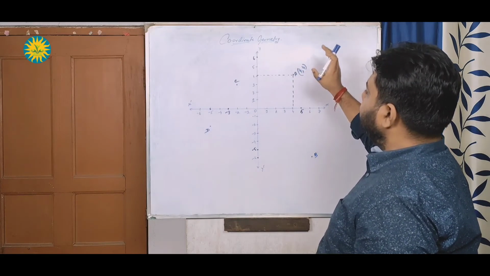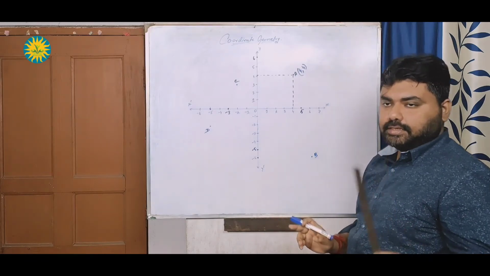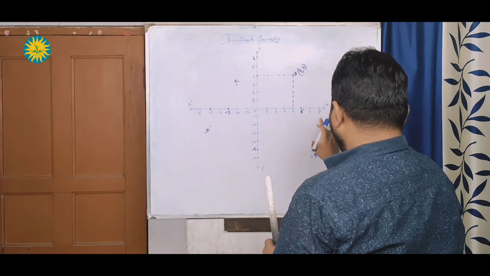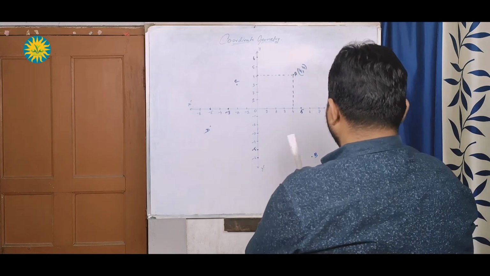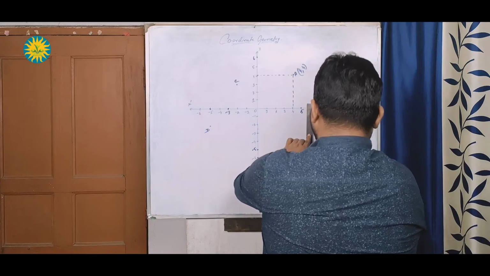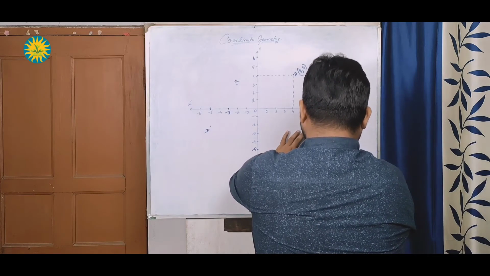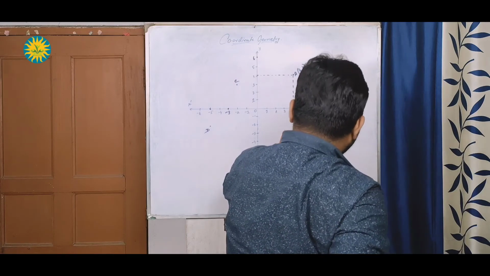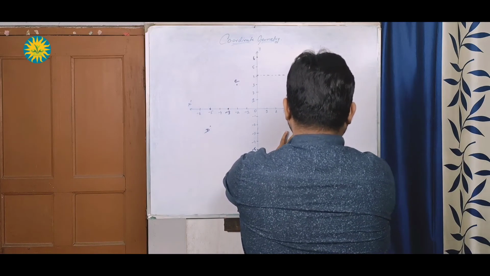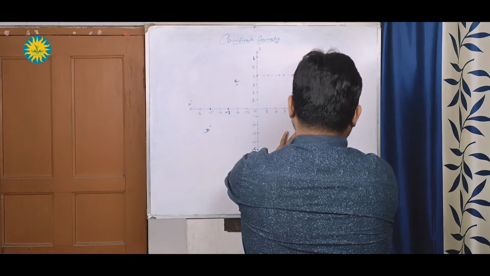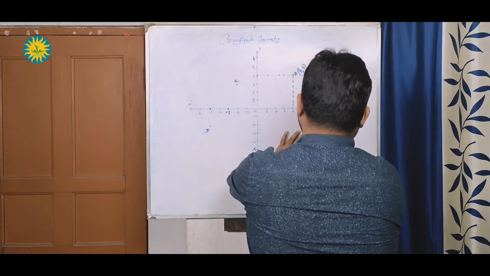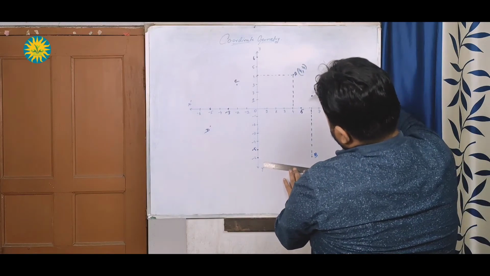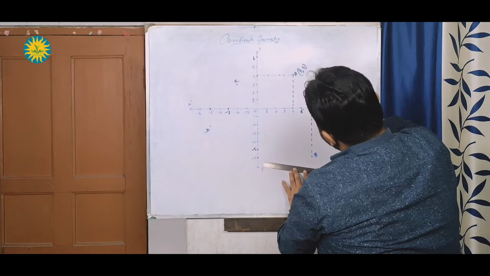Now to find the position of B, again we will do the same. First of all, we drop a perpendicular to the x axis. See, it is meeting the x axis at the point 6.